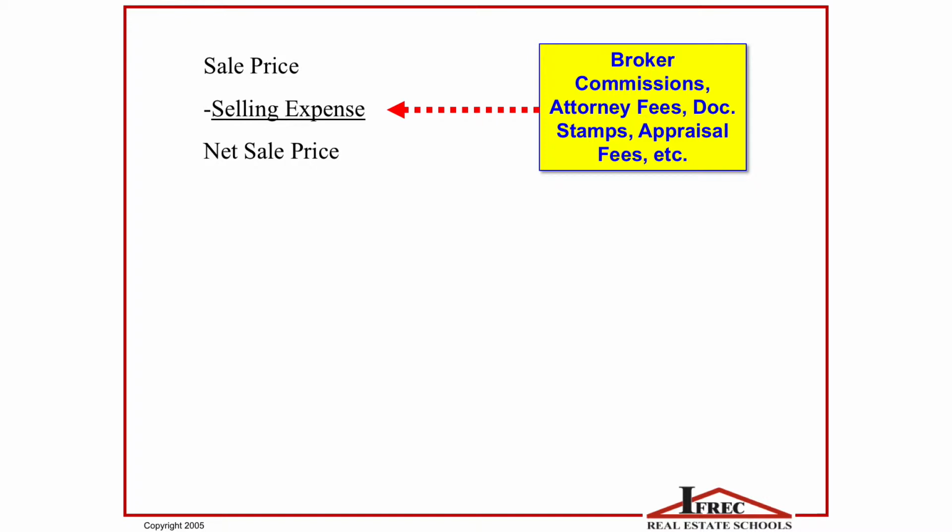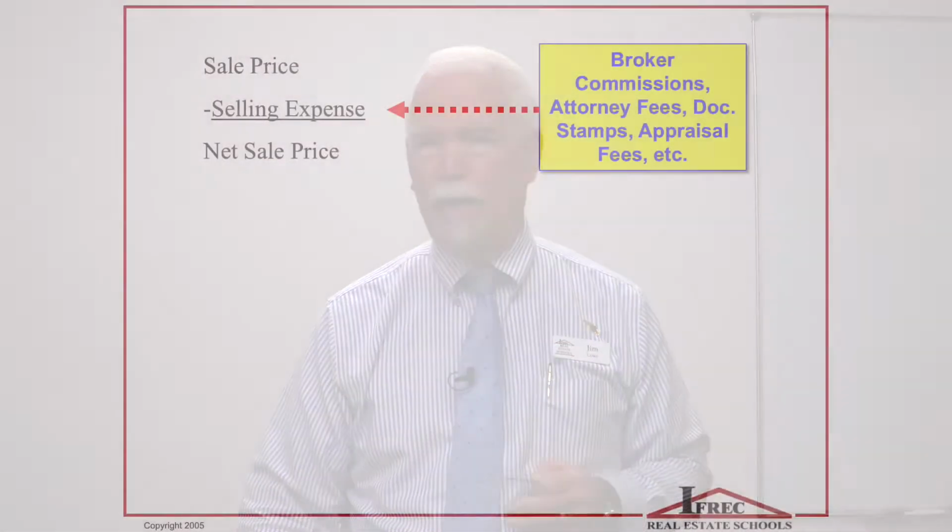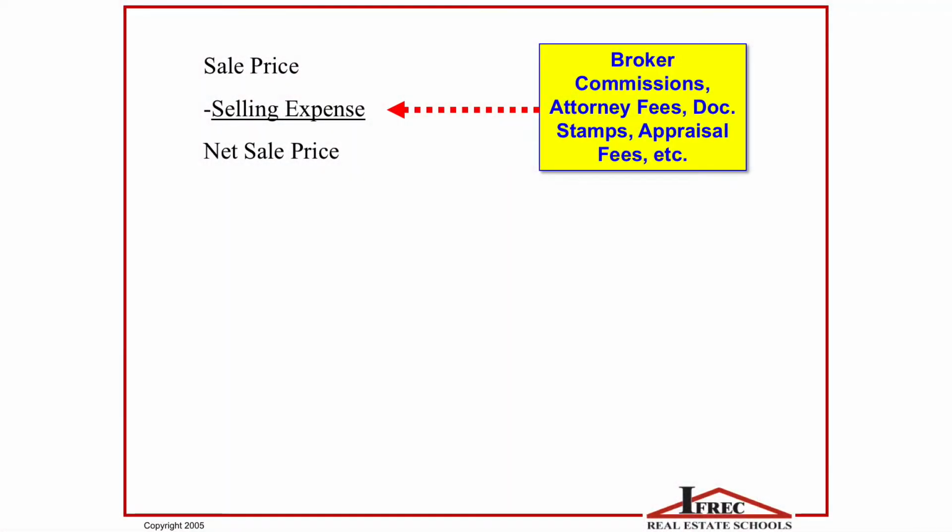The selling expenses could be a variety of things. My favorite, broker commissions, attorney's fees, doc stamps, appraisal, engineering fees, anything that the seller expends as a necessary item to get the property sold will fall within this category generally. Once that's pulled out from the sales price, we're left with something described as the net sales price.